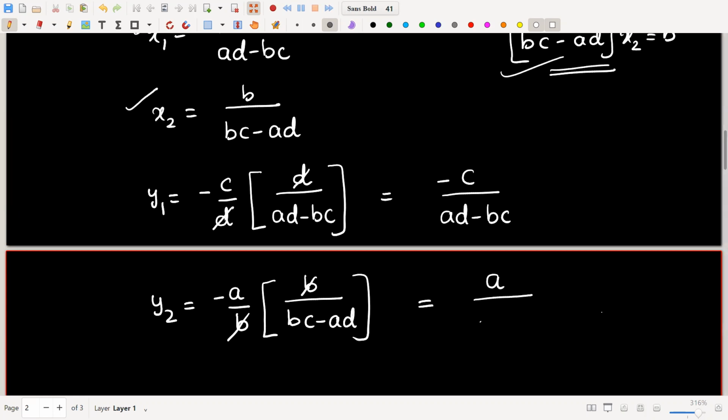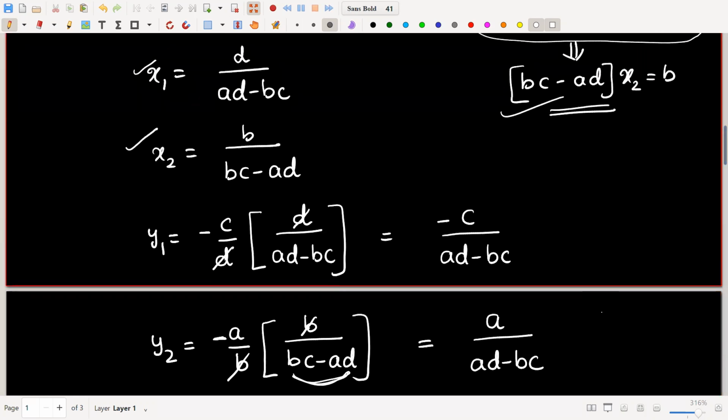So this is a by ad minus bc. I have a negative sign here, so I can take the negative sign common, and this will be equal to ad minus bc. So a by ad minus bc, and that's it. So you have x1, x2, y1, and y2.